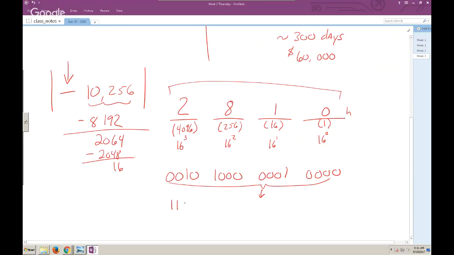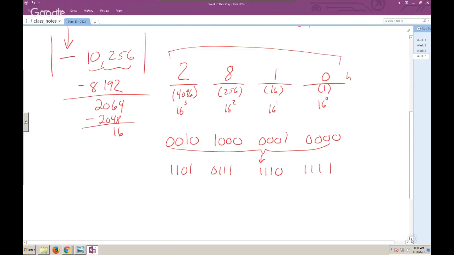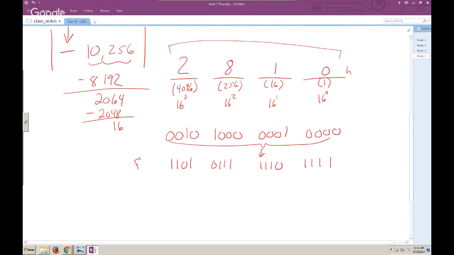Here we go. 1 1 0 1. Yay, we're going to get to do math. Okay, we flip the bits, and then we add 1.